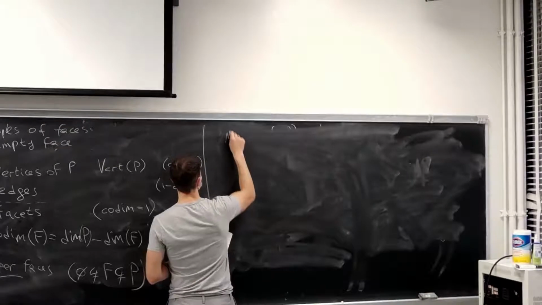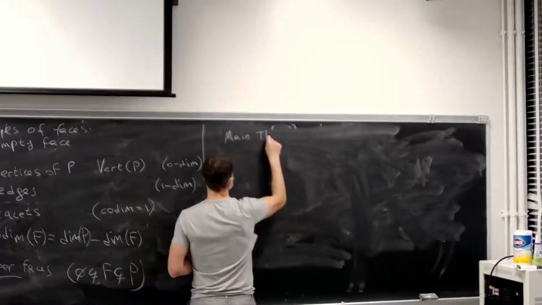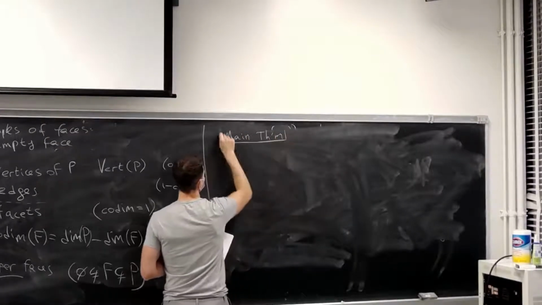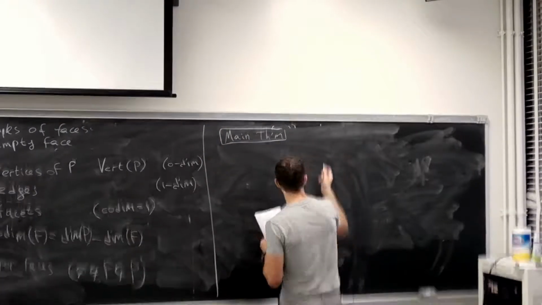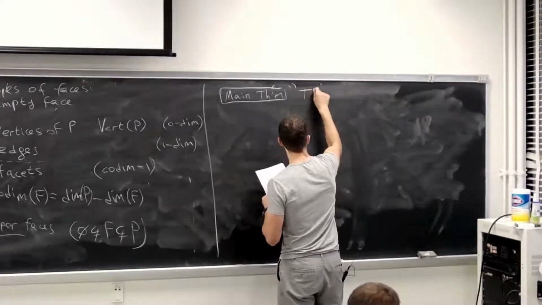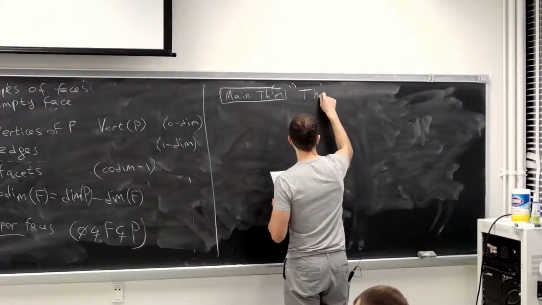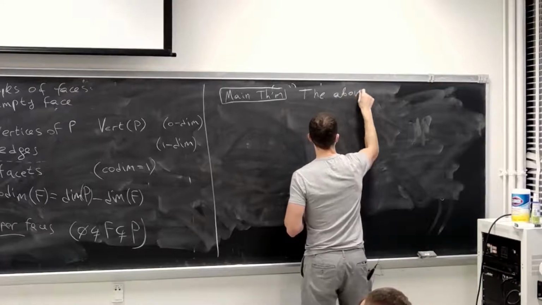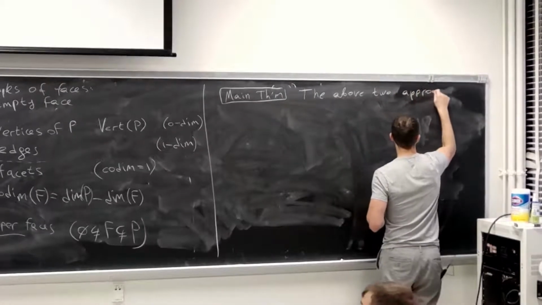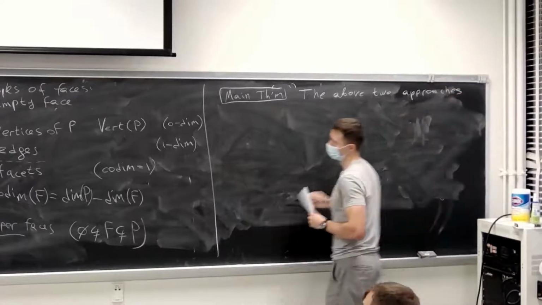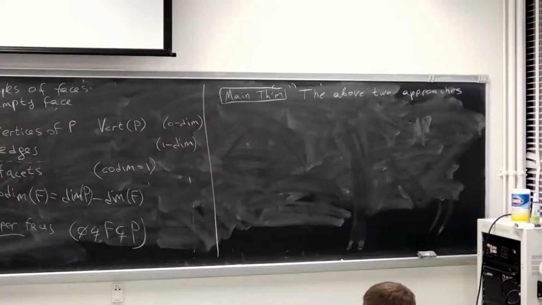So first of all, here is something called the main theorem of polytope theory, which again we're not going to prove, even though it sounds important. I mean, it is important. The theorem is that the above two approaches, meaning the V polytope approach and this definition of faces, and the H polytope approach and this definition of faces, are equivalent.